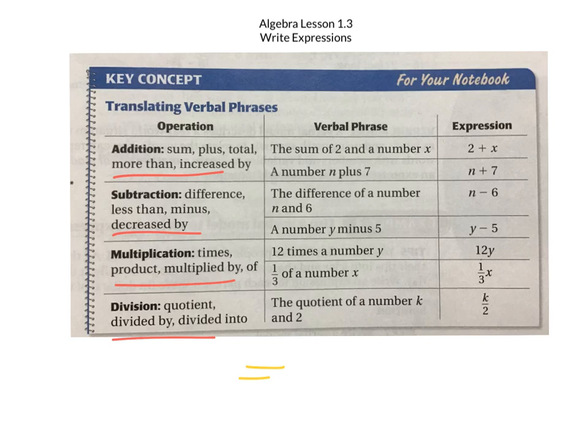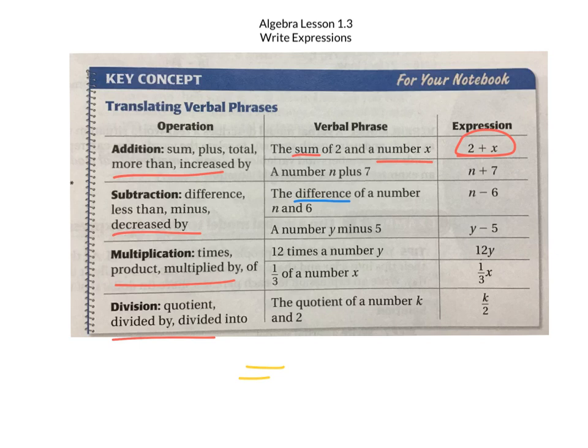So let's practice this. The sum of 2 and a number x. You can see the sum means what? Addition. So they put 2 plus x. The next one, a number n plus 7. So n is just representing a variable. So they put n plus 7. The difference, remember what difference means? Subtraction.